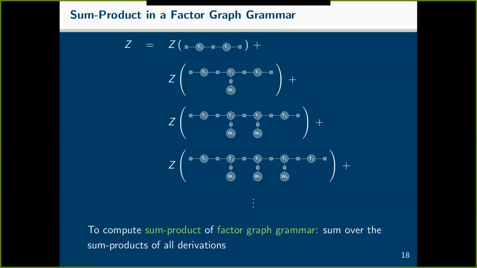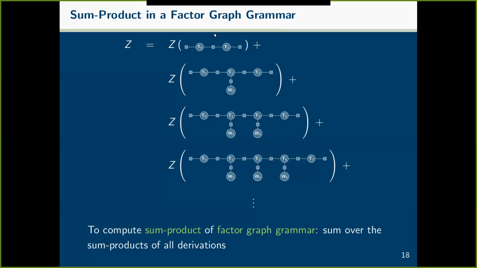So that's a good question. I think what you're getting at is, could this be an infinite sum here? So the sum product for any individual factor graph is going to be finite. If it's just a normal factor graph, you just take the sum product and it will be finite.